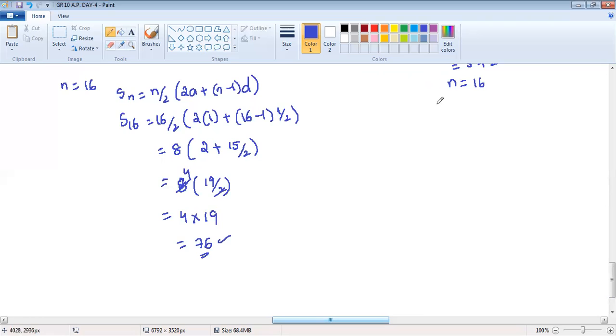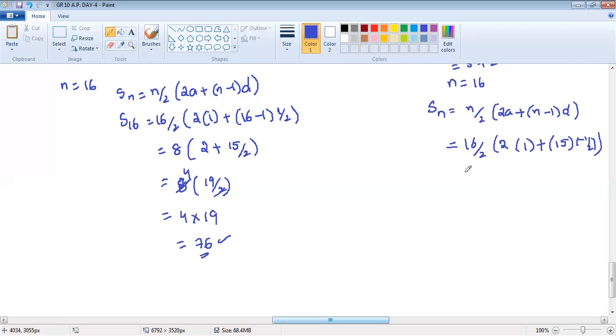Then for the other case, n value is 16, same thing: Sn is equal to n by 2 into (2a plus (n minus 1) into d). See, 16 by 2, and 2 into a, 16 minus 1, 15 into minus 1 by 2. So now 8 into (2 into...).